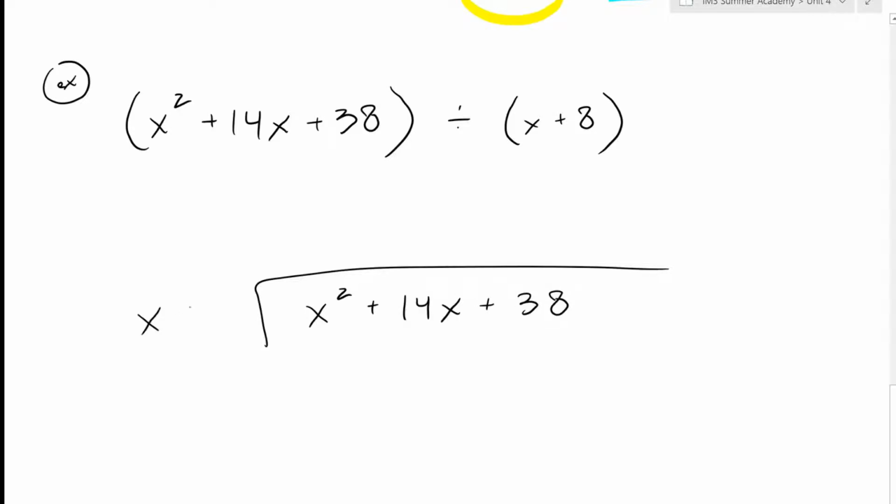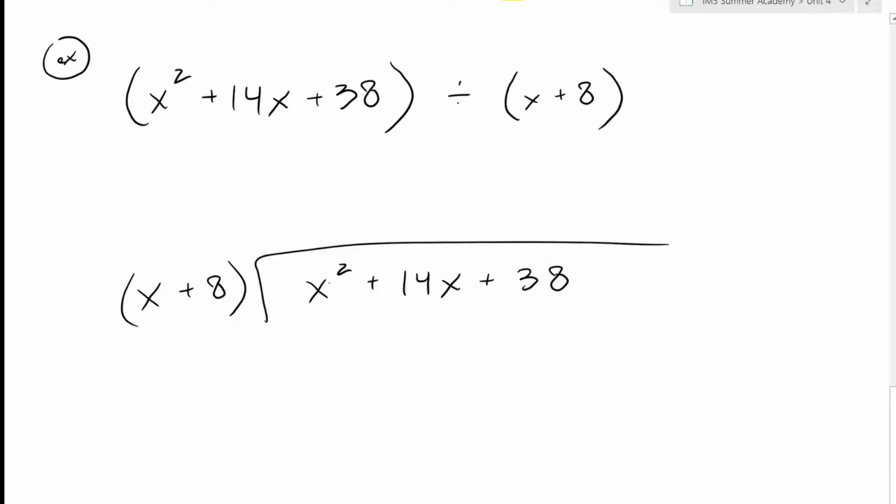Smaller piece outside. I like to group that one. Let's go ahead and go for it. I need to make x squared. I only have x, so I'm going to multiply by an x. X times x is x squared. X times 8 is 8x.